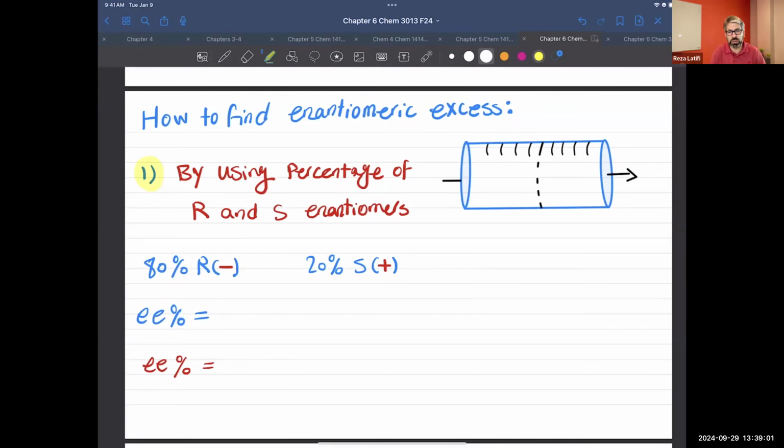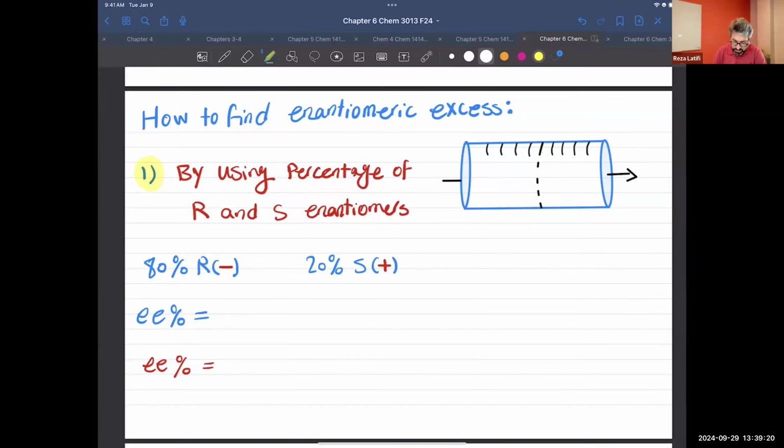Okay, now I'm going to show you 3 different ways to find the enantiomeric axis. So first example, let's say they gave you the percentage for each enantiomer. They gave you 80% from R, and they say we have 80% from R and 20% from S. If you want to know what's the percentage of enantiomeric axis?